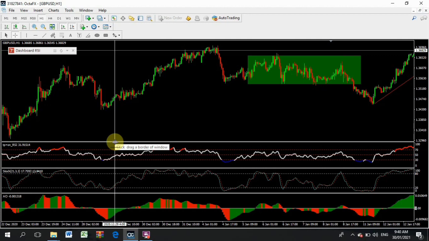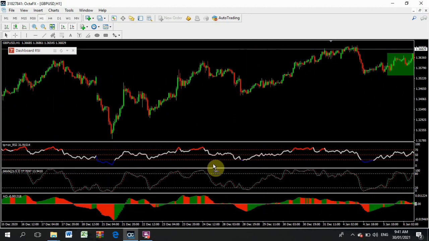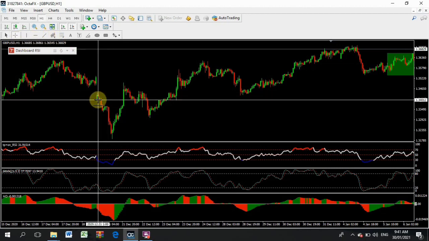Because sometimes your RSI may be playing around below the oversold level. For example, let me find an example and show you. Okay, like this one now. This is a good example. Even though your RSI is oversold around this area, it doesn't mean that you will go for a buy trade immediately around this area.